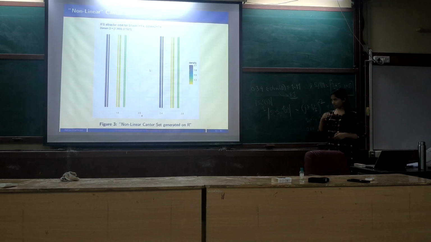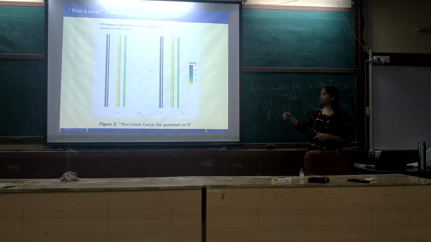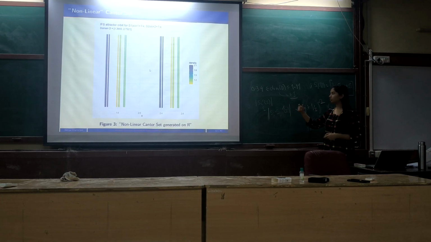When you map your iteration over and over again, you will see that this part and this part are the densest parts, and this part and this part are the least dense parts.